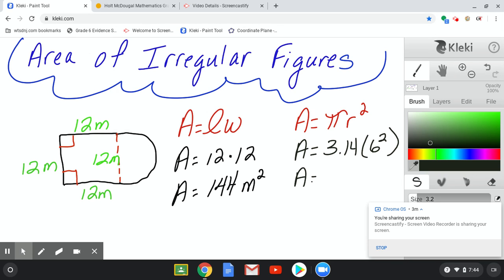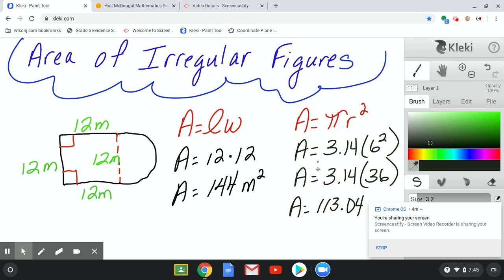This is where you can use your calculator. So it's 3.14 times 6 squared, which means 6 times 6, and 6 times 6 is equal to 36. When I plug in 3.14 times 36 into my calculator, I get 113.04.